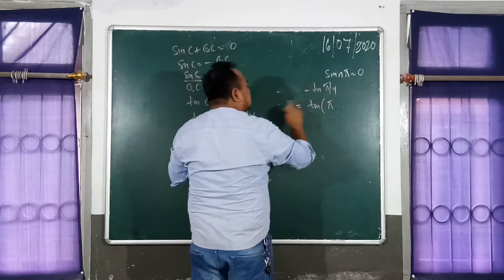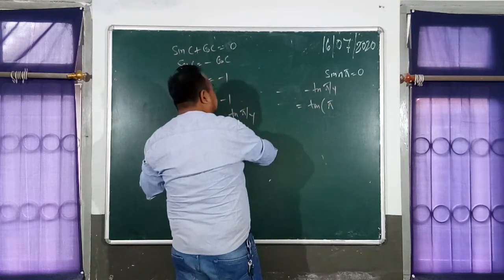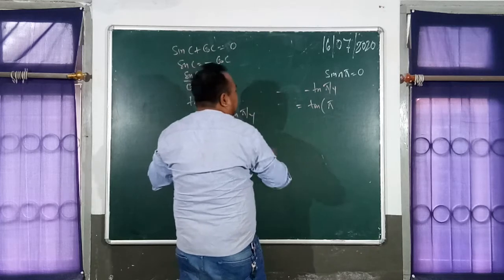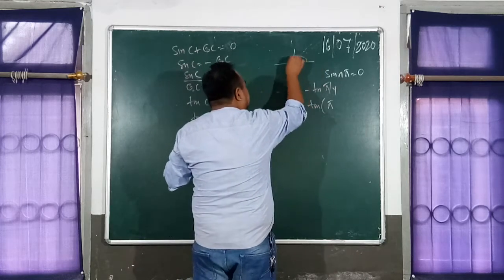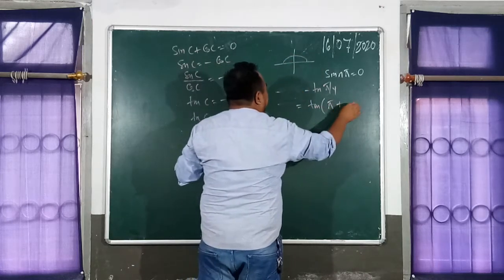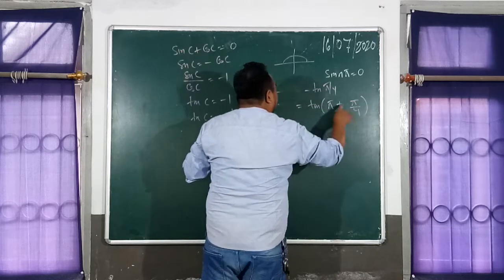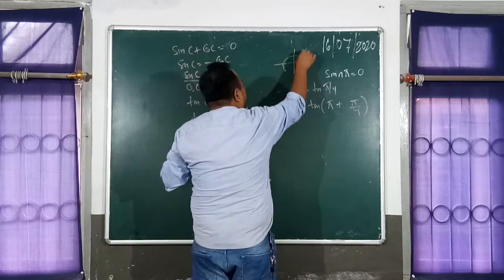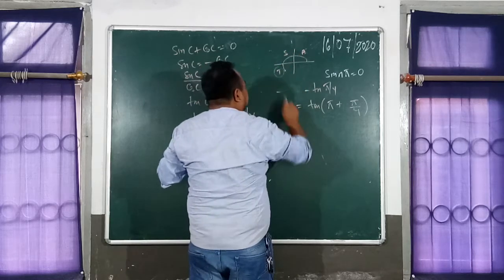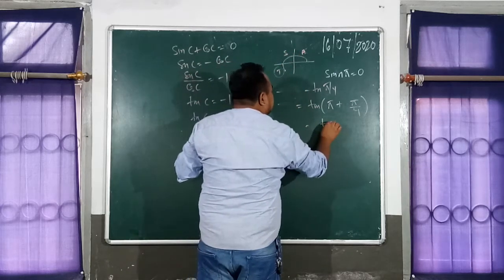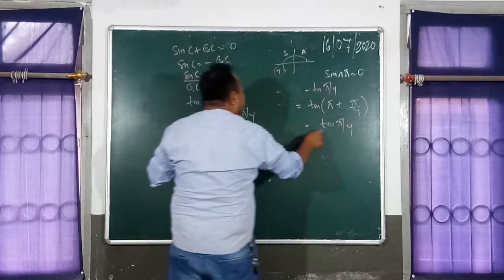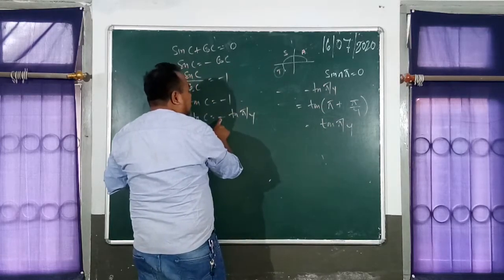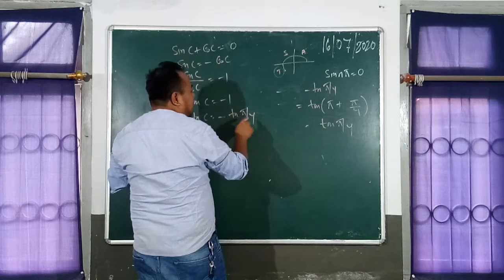Why pi? Because I want tan to be tan only. It's just that I need to remove this minus sign. So pi means which quadrant? The second quadrant. If I put a plus sign, the angle is going to be pi by 4 only. If I put a plus sign, then what do I get? Adding to the tan, the value of tan will be positive. That means I will get tan pi by 4. Do I want tan pi by 4? No, I want minus tan pi by 4.